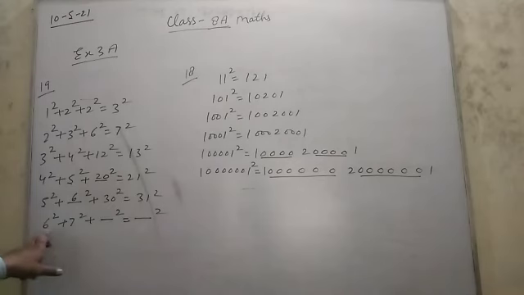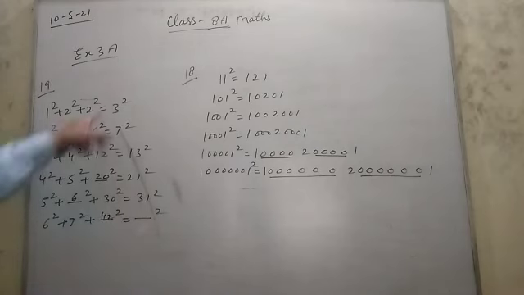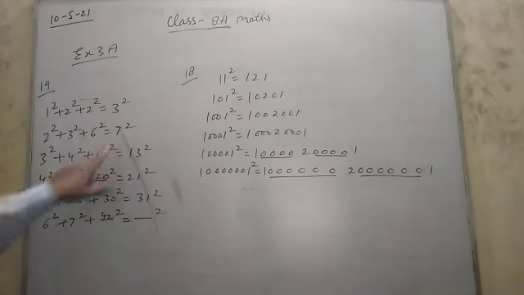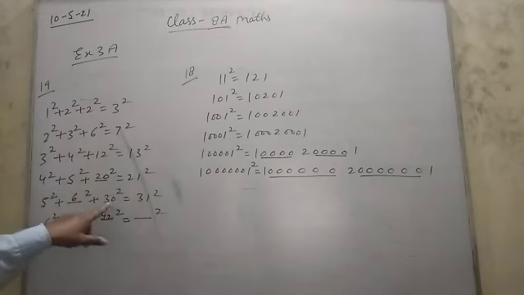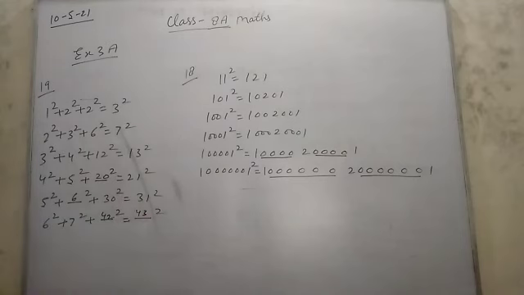So here 6, 7. Then this will be 42. And on the right hand side, what is coming? 2 square, 3 square, 6 square, 7 square, 12 square, 13 square, 20 square, 21 square, 30 square, 31 square. So 42 square, then here what will be? 43 square.